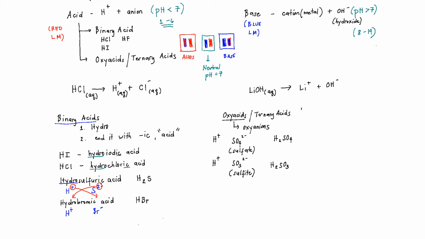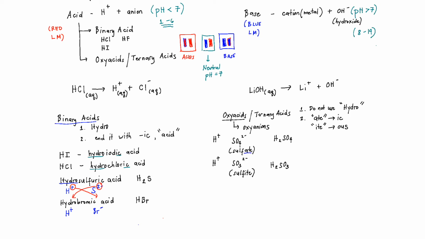Now, the general rule for naming oxyacids is this. Number 1, do not use the word hydro. No hydro at the beginning. And then number 2, if the ion ends with ate, the acid counterpart will be ic, while if it ends in ite, the acid counterpart would be ous. So here, as you can see, this one ends in ate.